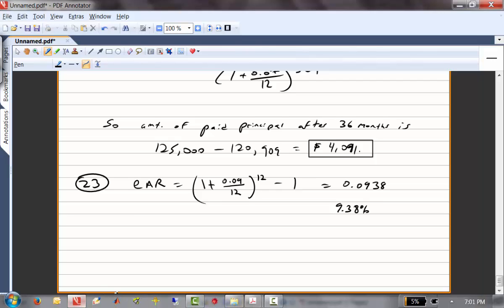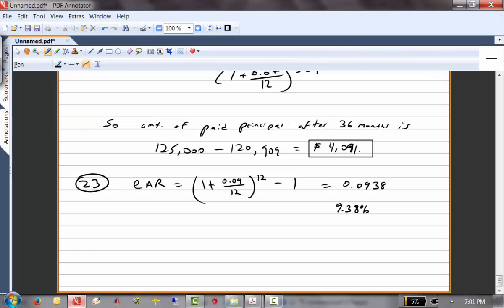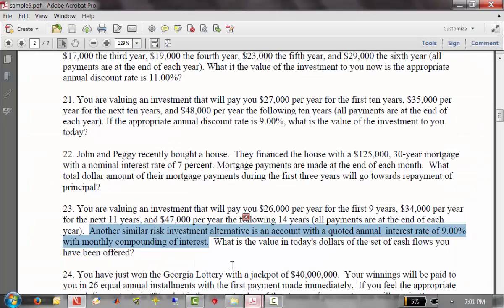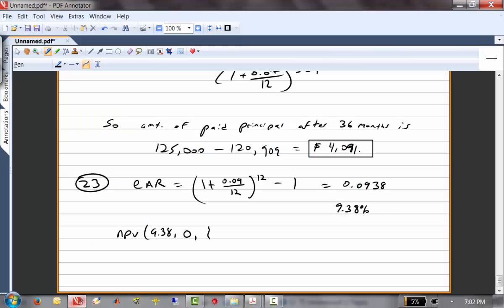And then how do we value the investment that they're telling us about? We do the same thing that we did in those problems before, where we calculate NPV. We're going to put in 9.38, nothing initially. Then we get 26,000 for the first 9, 34,000 for the next 11, and 47,000 for the next 14.